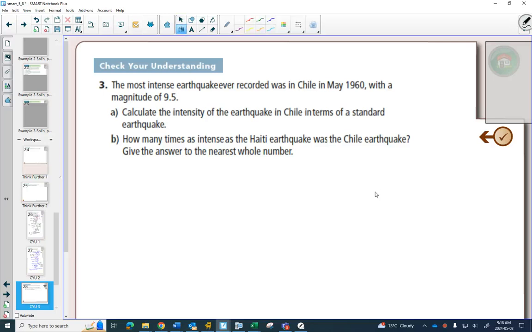Okay, most intense earthquake ever was a magnitude of 9.5. So now here is the intensity, and I'm going to put a tiny little c here because we're going to use different earthquakes.